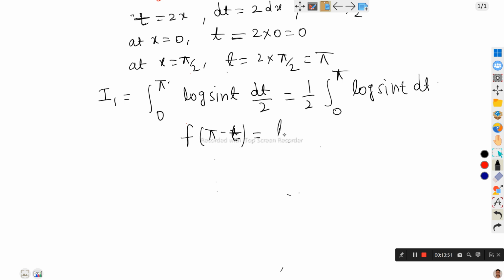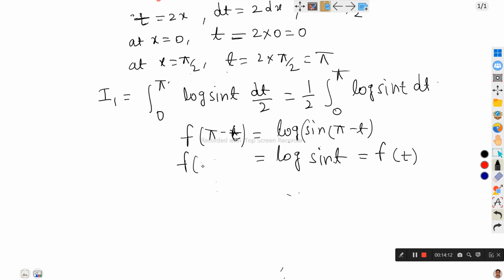Since sin of 180 minus theta equals sin theta, as sine is positive in the second quadrant, this becomes sin t, and this is f of t. So f of pi minus t is in the form of f of t.